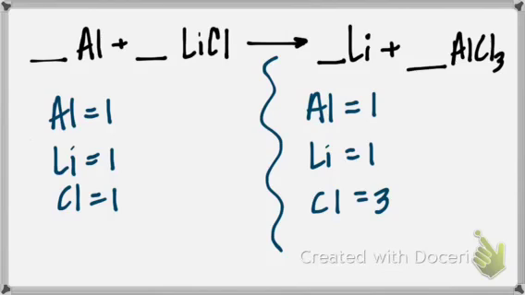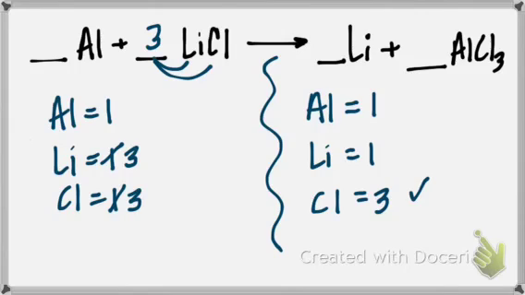I can't go from 1 to 3. I need to have 3 to 3. So I put a 3 out in front of LiCl. What does that do? Well, it messes up my lithium. It changes my lithium from 1 to 3, but it does take my chlorines from 1 to 3. My chlorines are good. My aluminums are good, but my lithiums are not.